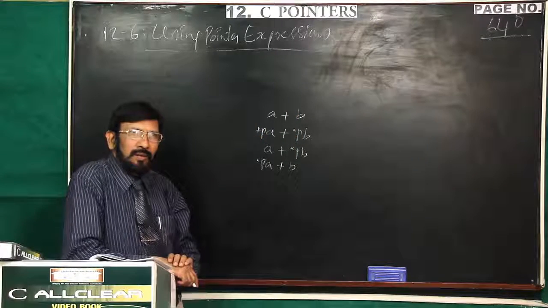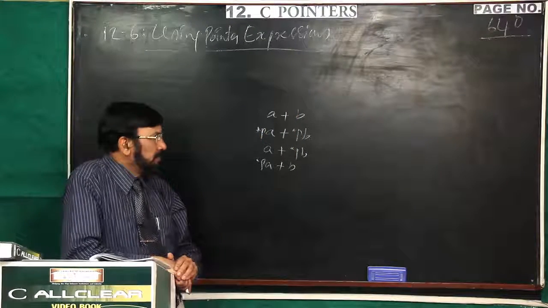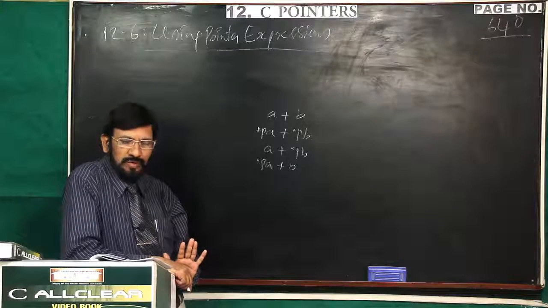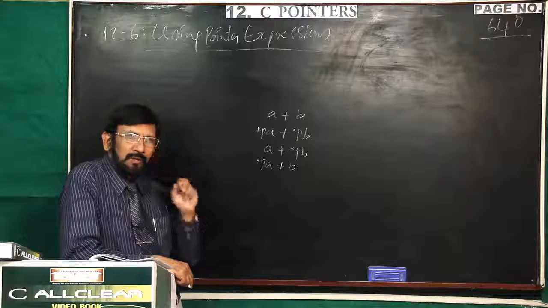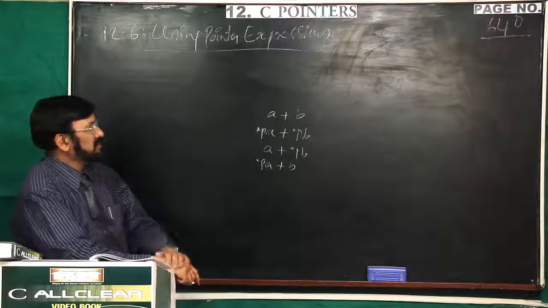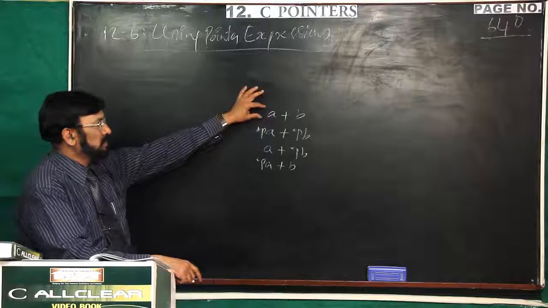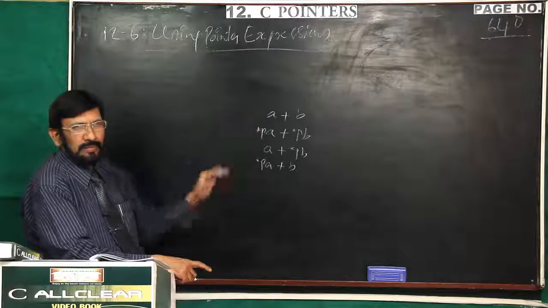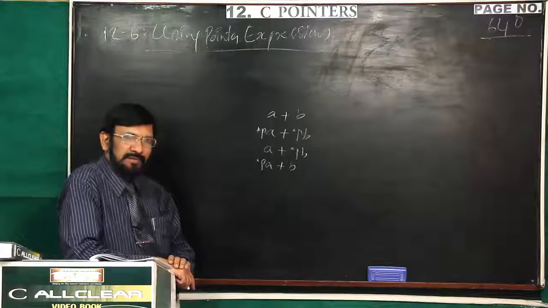So, in one line, if we have to explain what we have learned so far in this chapter, we are able to create an alias to an ordinary variable. This is the ordinary variable, and this is an alias to that. So why are we creating an alias?